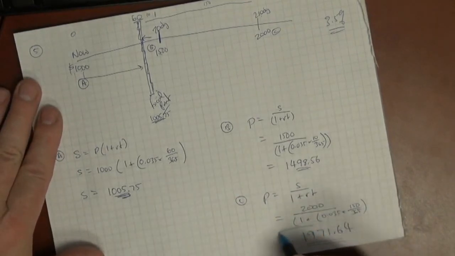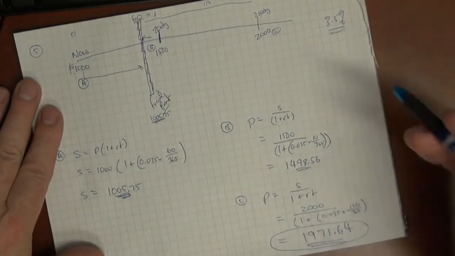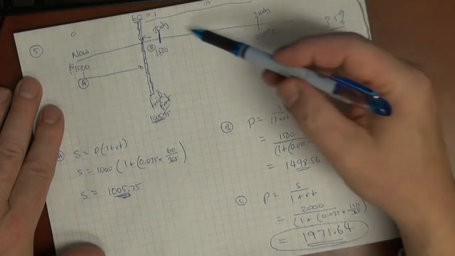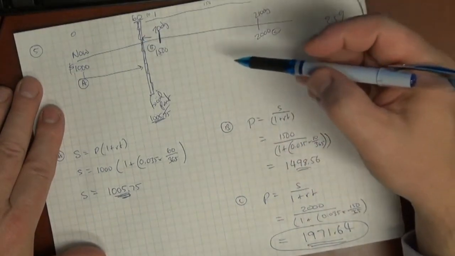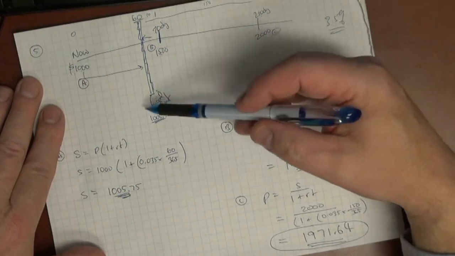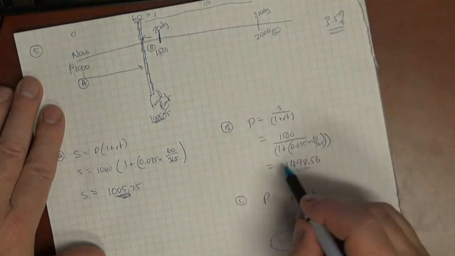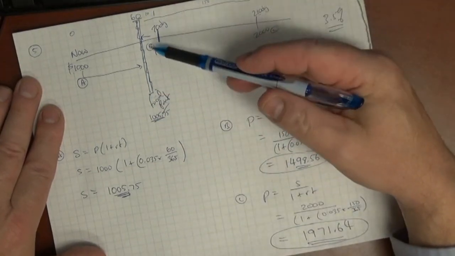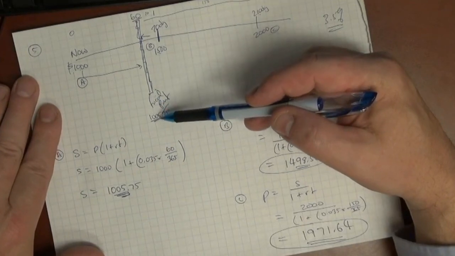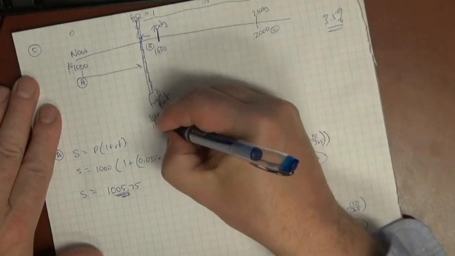So what we've got is three lots of numbers. We've got the 1,971.64 that we just calculated for the 2,000 amount. In other words, it's worth 1,971.64 on the day of the focal point. The 1,500 is worth 1,498.56.